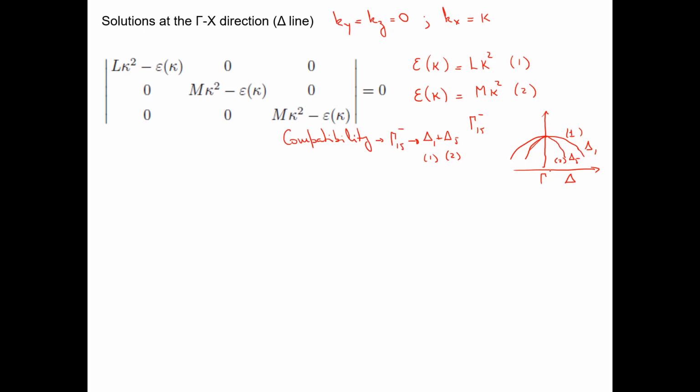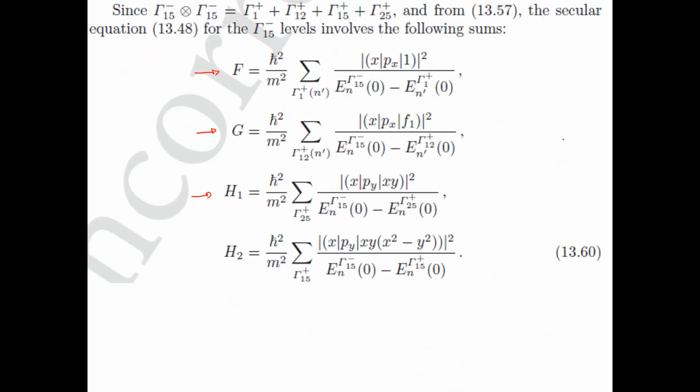As we remember from the discussion of last time, the curvature of the bands is related to the effective masses. So these two bands are going to have different effective masses, and the values of those effective masses would be known if we knew the values of those coefficients, right? Of those matrix elements. If we know how to calculate these, then one would be able to calculate the effective mass.